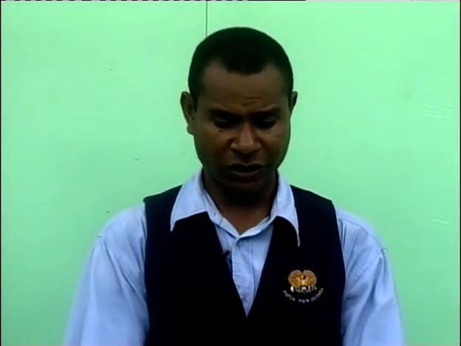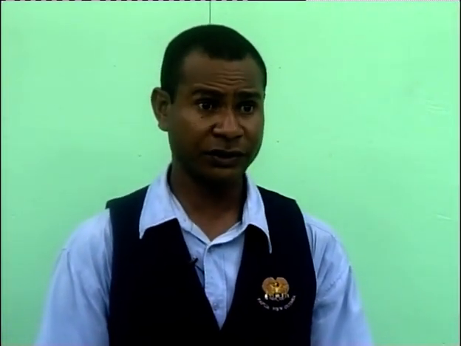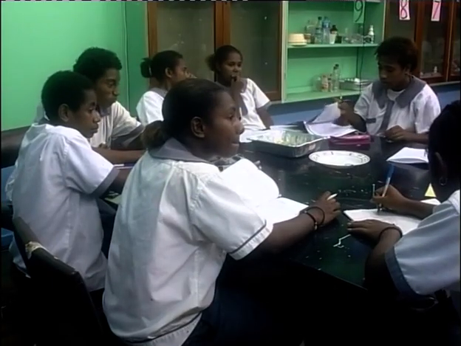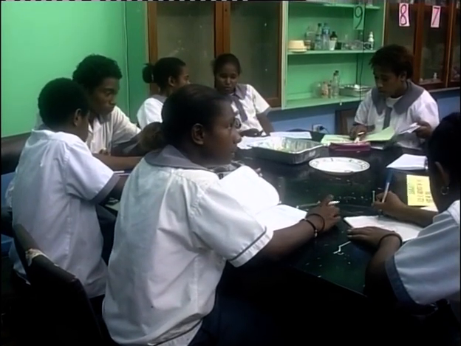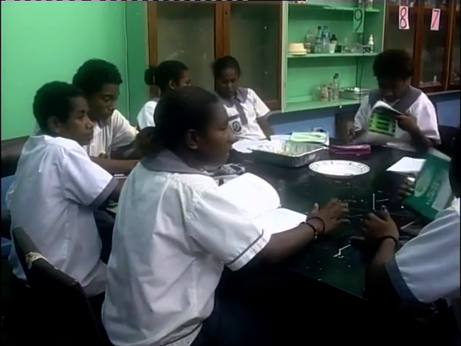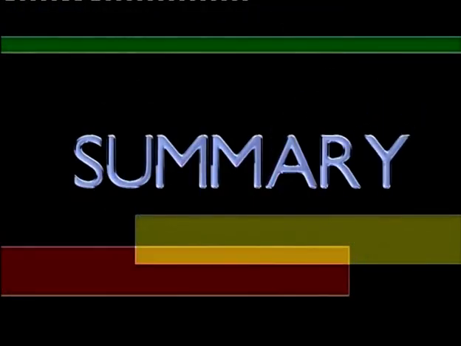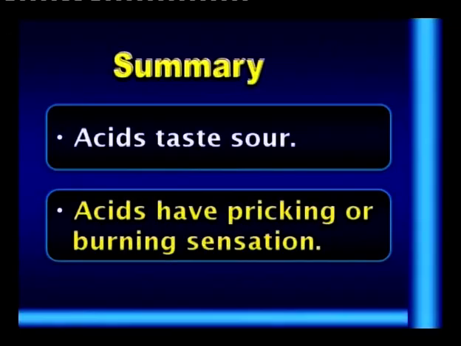Now, before we go to our summary, I would like to remind you that what you have brought today for your lesson will also be brought tomorrow for the next lesson. So make sure you bring that for your next lesson. We have two summary points.